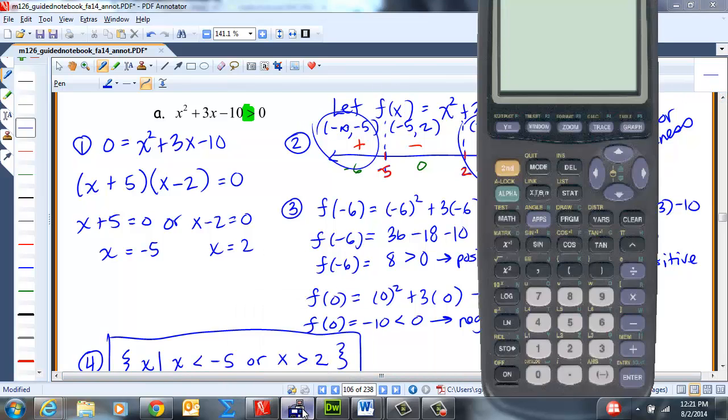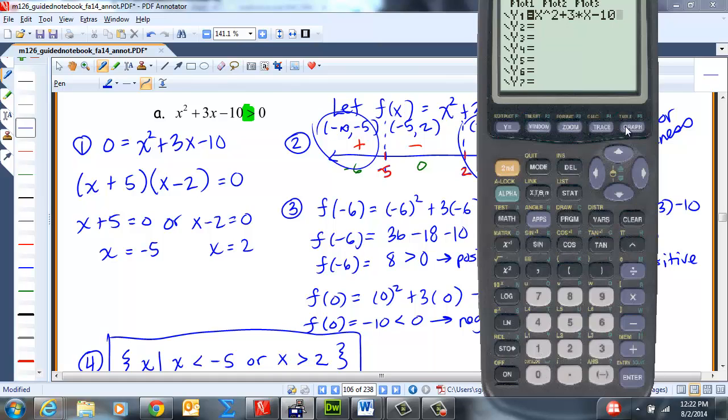So here with the graphing calculator, clear these out, we would have x squared plus 3 times x minus 10.